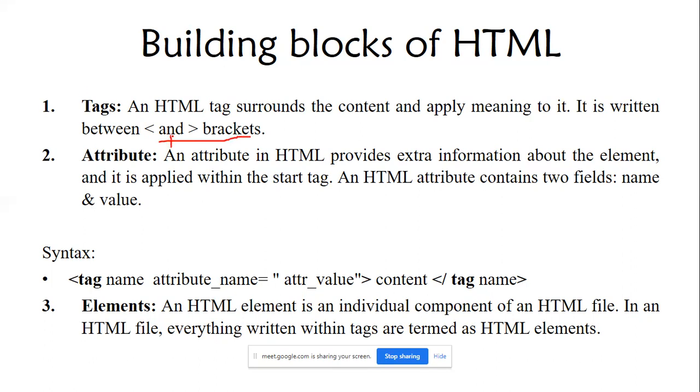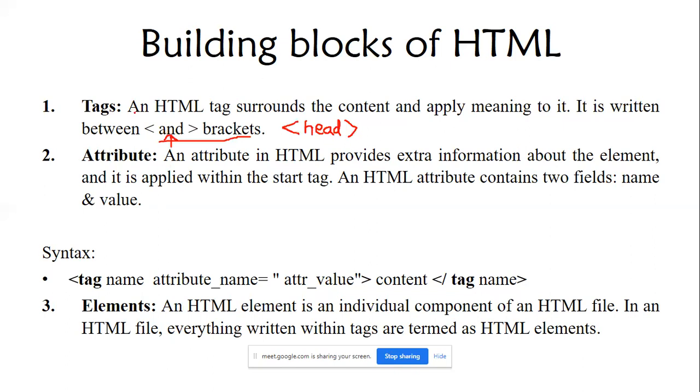In the angle brackets, here is the tag name. For example, open the angle brackets, give your tag name, for example, the head section, heading tag. It contains the name of the tag and close of angle brackets.